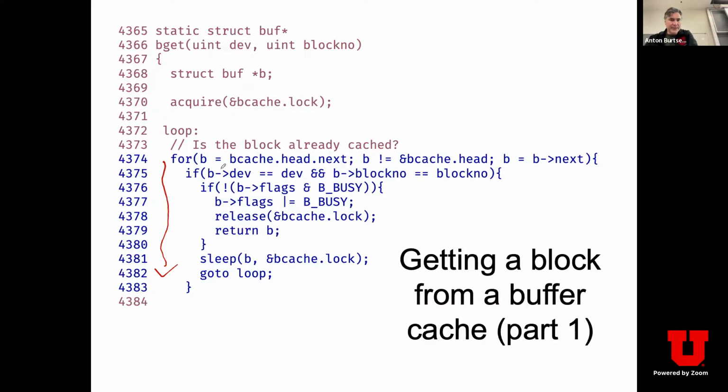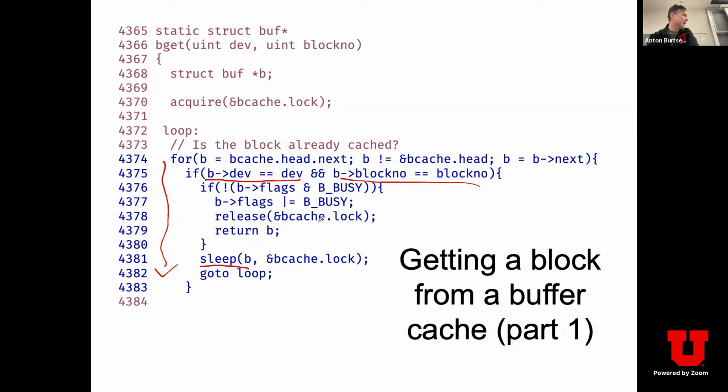It goes from the beginning to the end of this block array, and if the block has the matching disk and block number values, then that's my block. That's what I want. It, however, can be in a busy state, and if it is in a busy state, I will go to sleep.